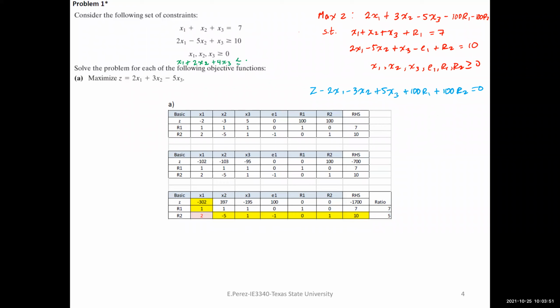We want the constraint to be an equality. The way you make it an equality is by adding a slack variable.